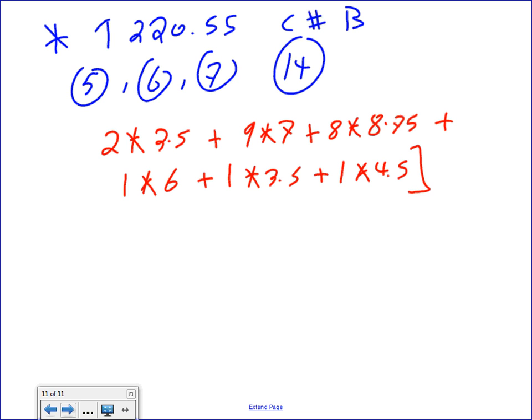All of them have to be multiplied by the rating factor for how many? Let's say we have 2 plus 9, 11, plus 8, 19, plus 1, 20, 21, 22. Right? Am I right? Did I count them right? I have 22 equipments under B. So what's the rating factor for 22 equipments? 22 equipments is 0.26.